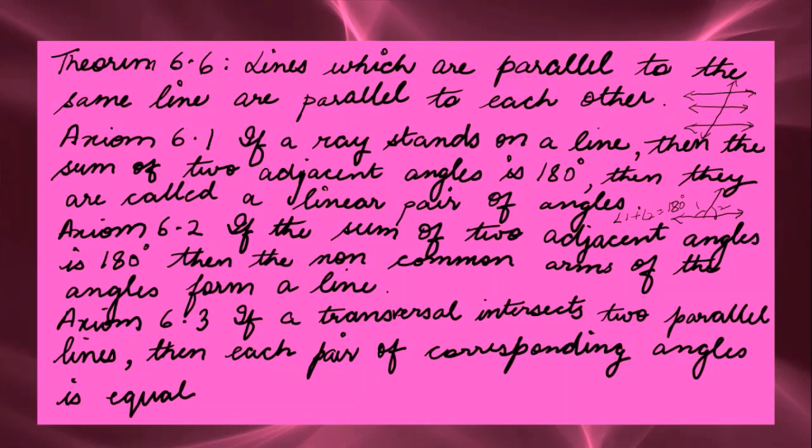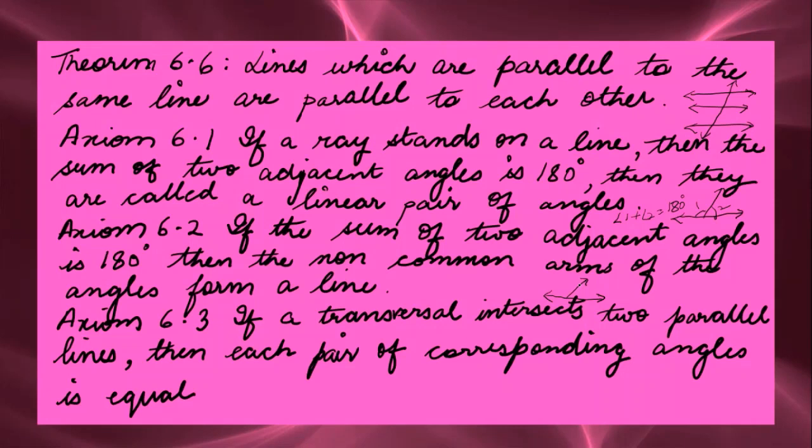Now Axiom 6.2 is, if the sum of two adjacent angles is 180 degrees, then the non-common arms of the angles form a line. This is just the reverse. In the previous case a ray was standing on a line, so angle 1 plus angle 2 is 180 degrees.